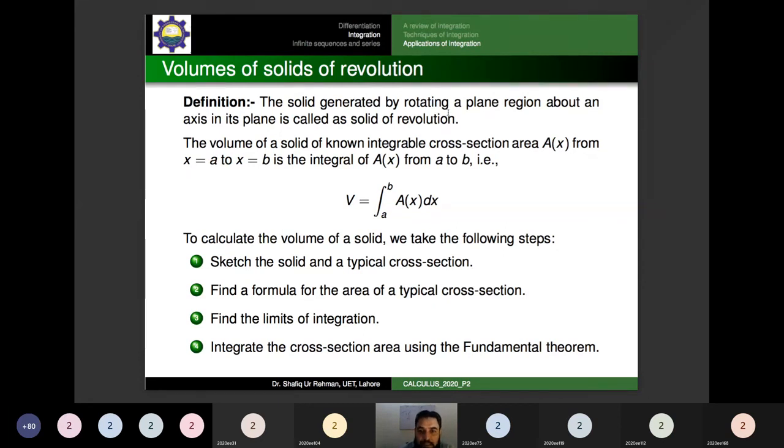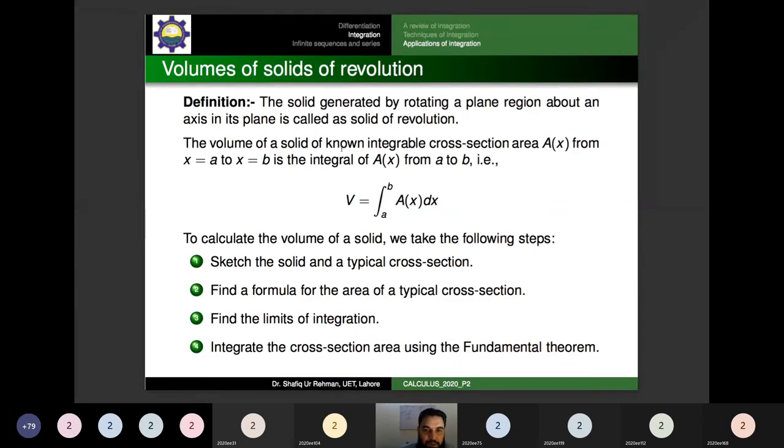We have two options, either x-axis or y-axis. The solid generated by revolving that will take us to a solid of revolution. How do you observe the volume of that solid?